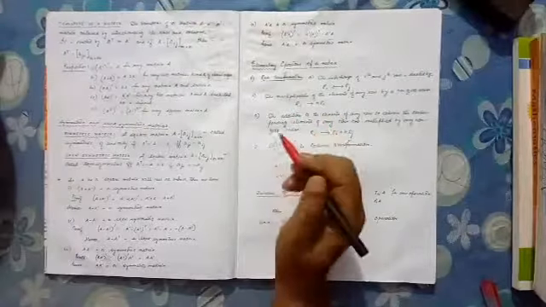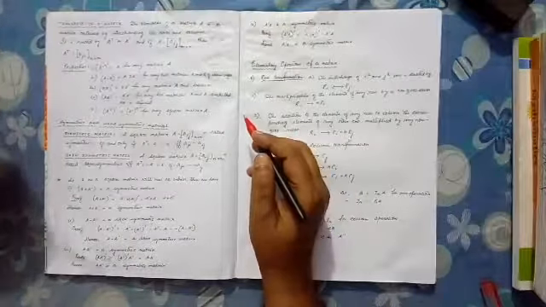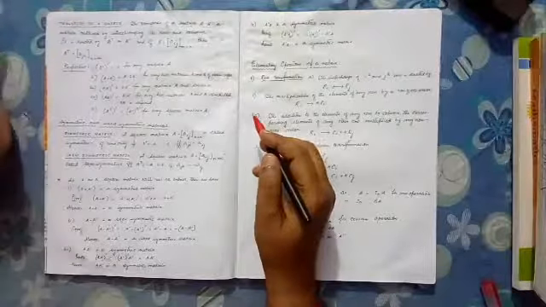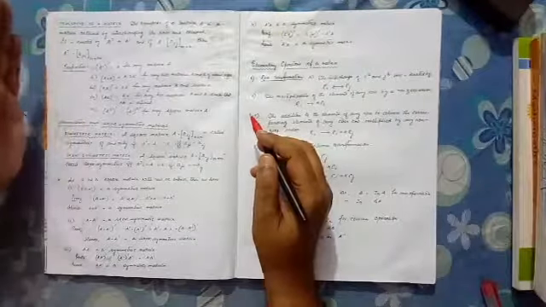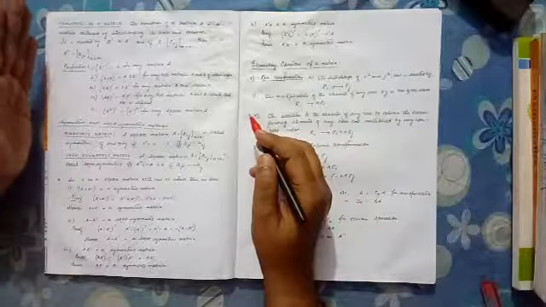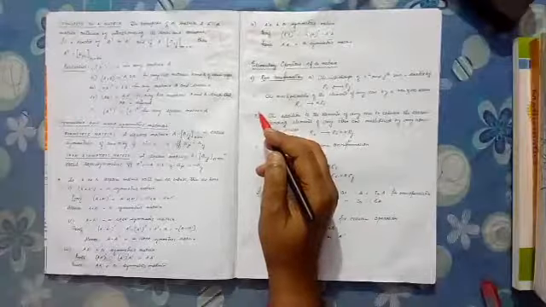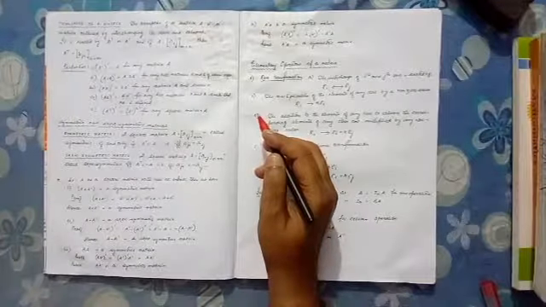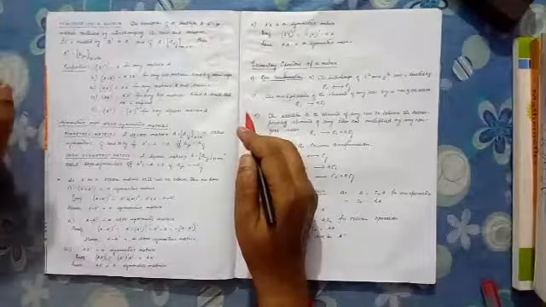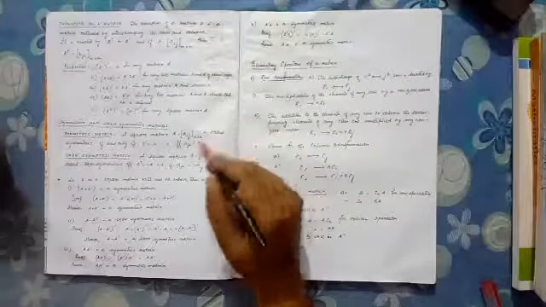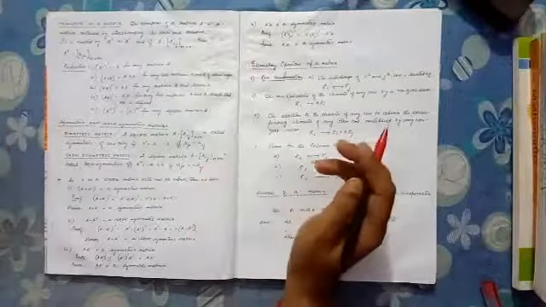Of order n by n, that is n cross n, it is called a skew symmetric matrix if A T, that is the transpose of the matrix, is the negative of the matrix, that is minus A. That is Aji is equal to minus Aij.